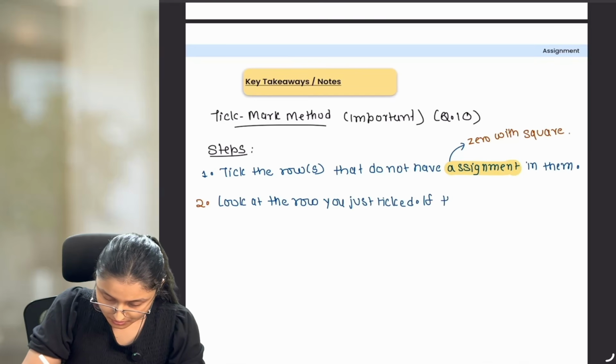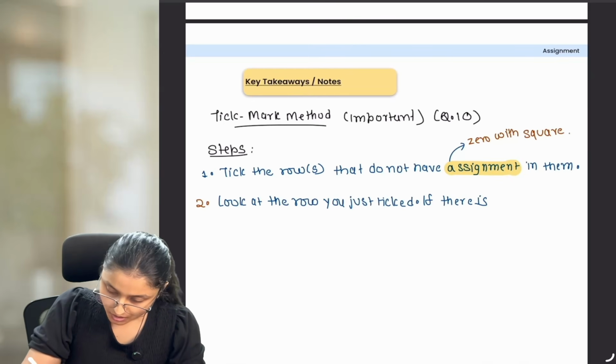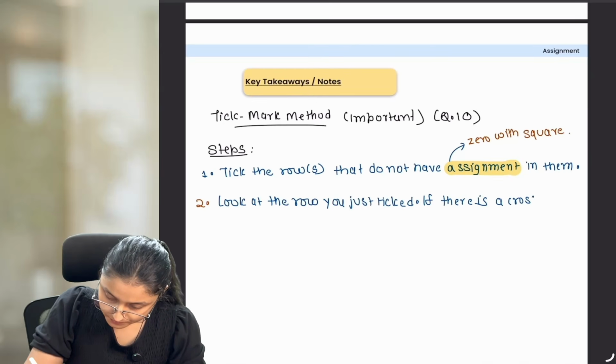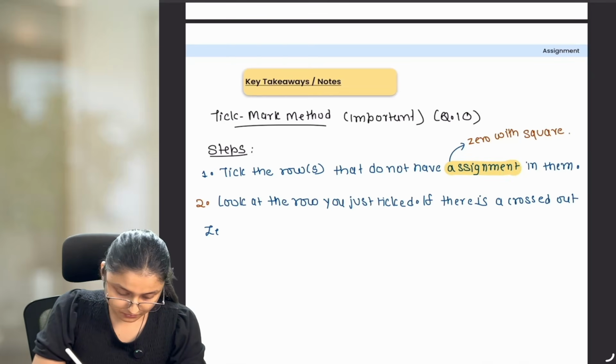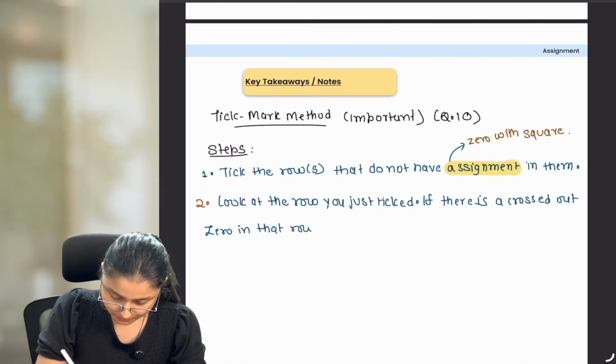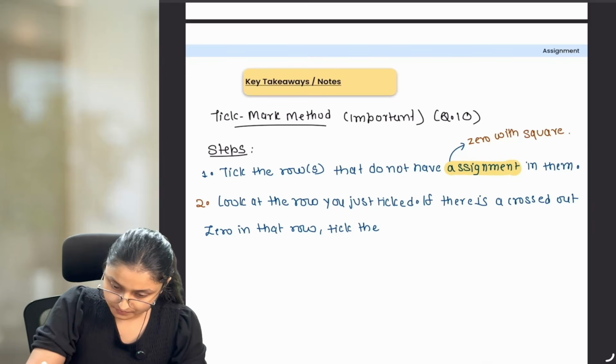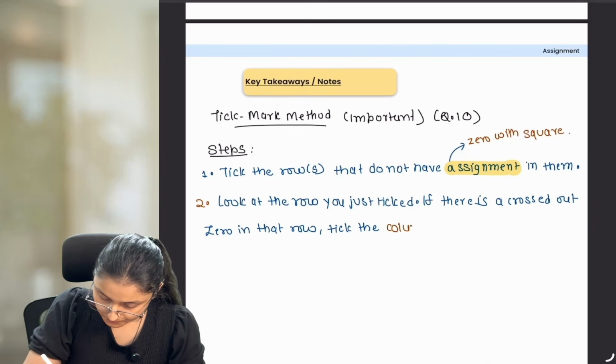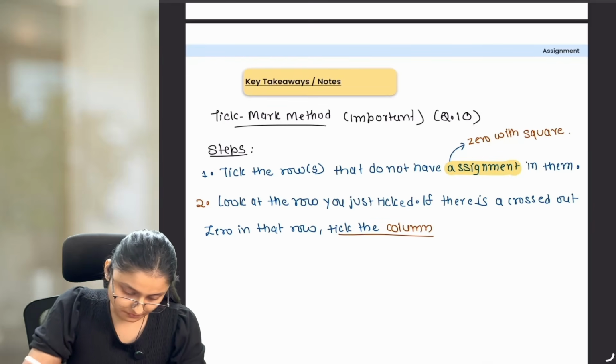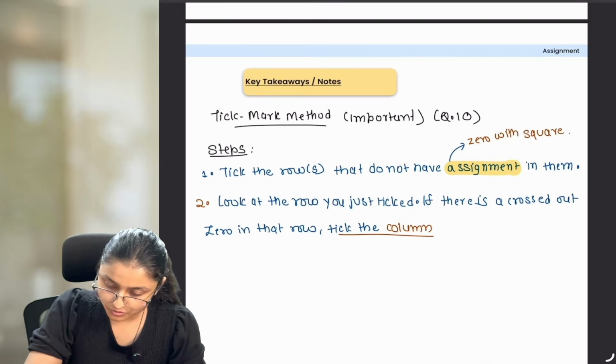If there is a crossed out 0 in that row, tick the column that 0 is in.